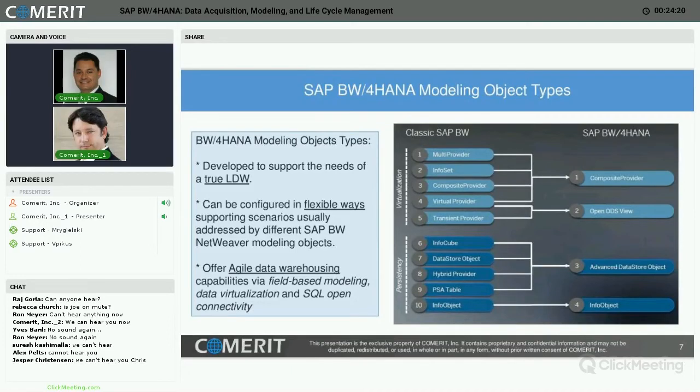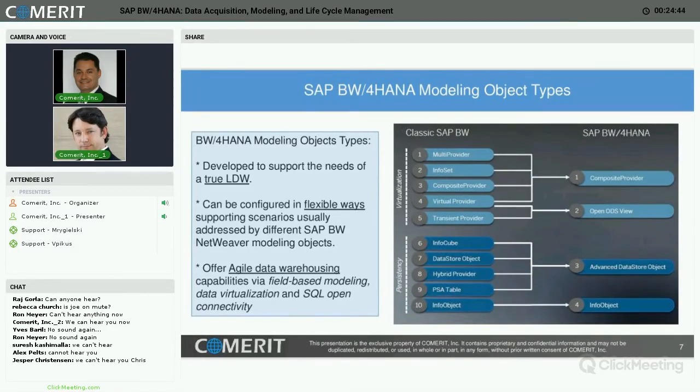So the reduced number of object types goes together with the LDW concept, and also because those objects now offer you all the features that were before on different object types in the original NetWeaver BW solution. Of course, the BW NetWeaver solution has almost 20 years now of development work.